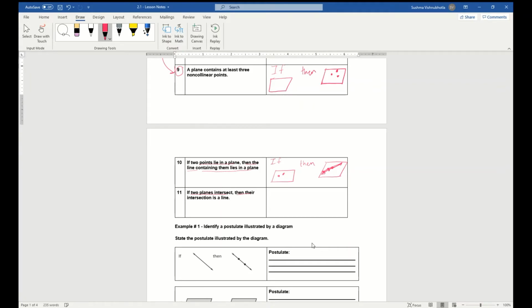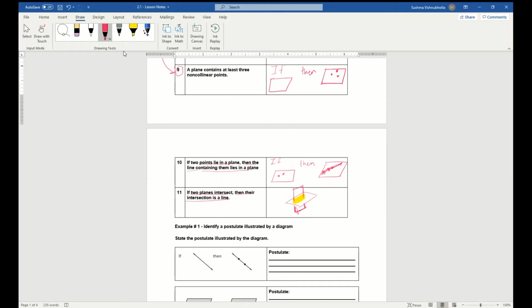And postulate 11: if 2 planes intersect, then their intersection is a line. All right. So here's 2 planes, and where they cross, all along this line. We sort of talked about 10 and 11 in Unit 1.